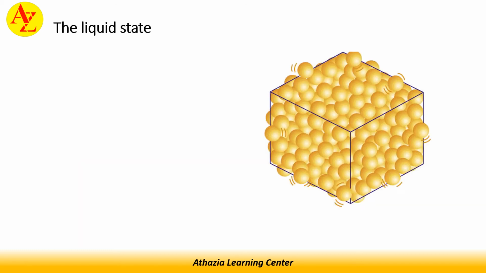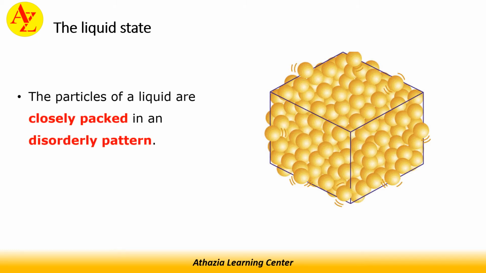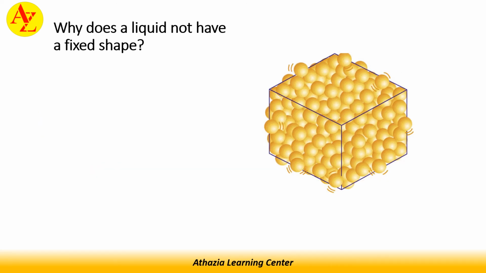The second state is liquid. From the picture on the right, we can see that the particles of a liquid are closely packed in a disorderly pattern. They can vibrate, translate, and rotate. One property of a liquid is that it doesn't have a fixed shape.